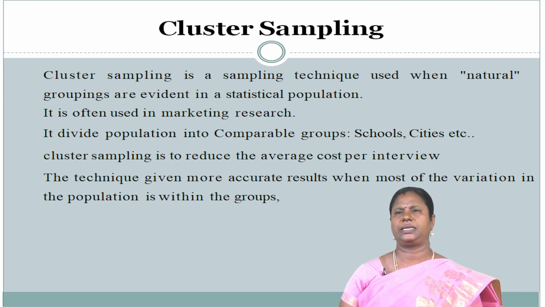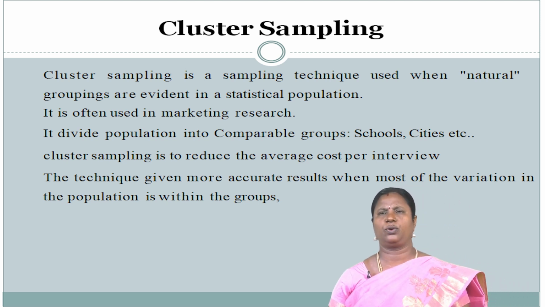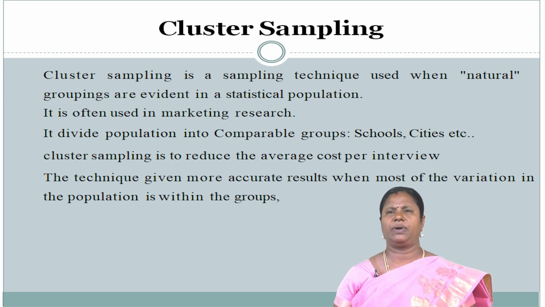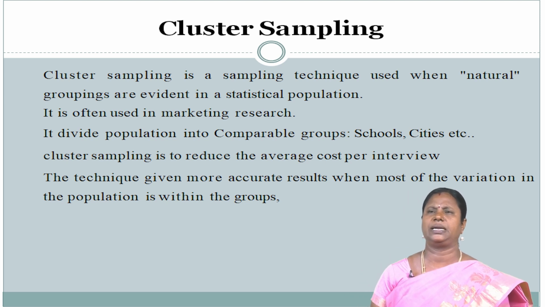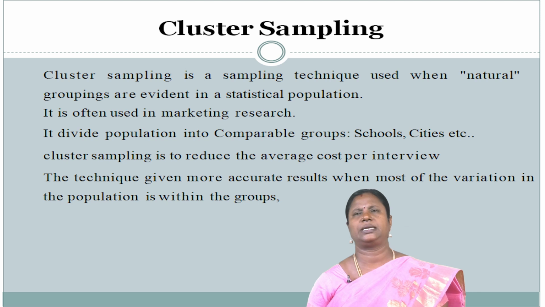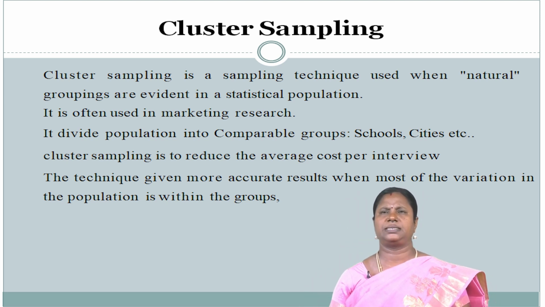Quota samples set a specific number of certain types of individuals to be interviewed. Snowball sampling is a technique for developing a research sample where existing study subjects recruit future subjects from among their acquaintances.